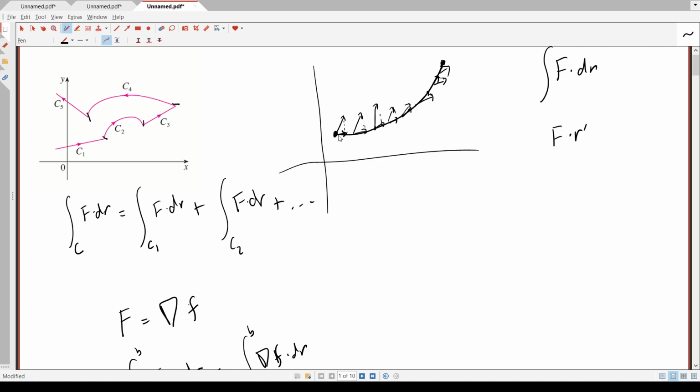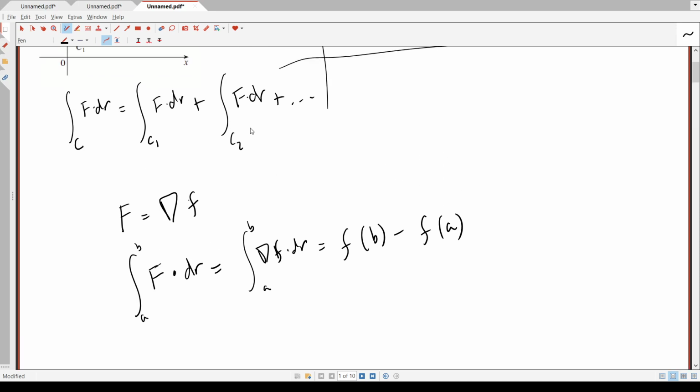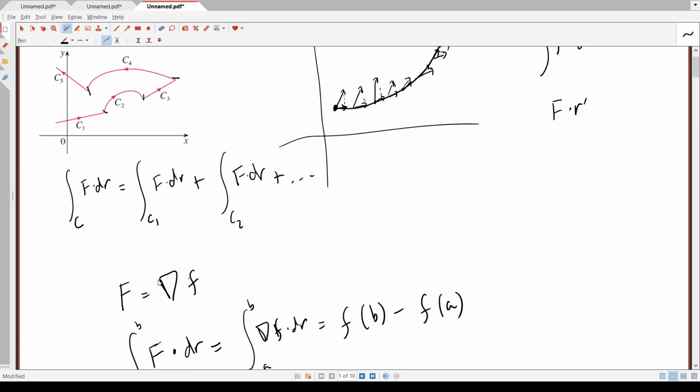That might be whatever the x and y coordinates are, or whatever the t value is. It doesn't really matter. But when we integrate this, this is going to be just f at B minus f at A.